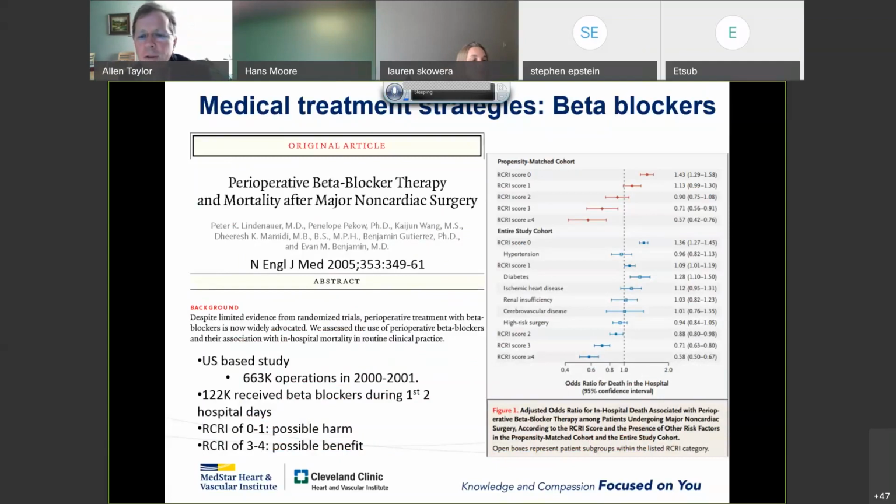And overall, you see in this propensity-matched cohort study that, in the top right there, patients with RCRI scores of 0 or 1 were in fact net harmed by beta blockers. And only in the RCRI 3 and 4 groups was there a benefit seen for overall in-hospital death rates. Again, this was in patients undergoing major non-cardiac surgery.